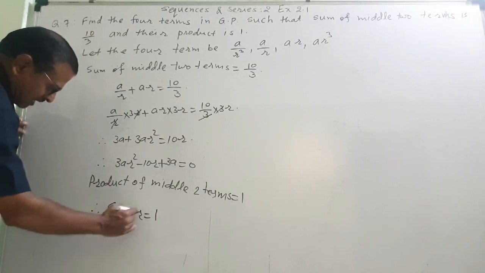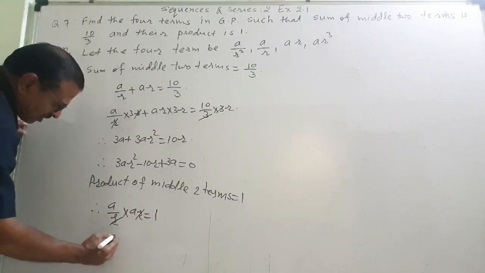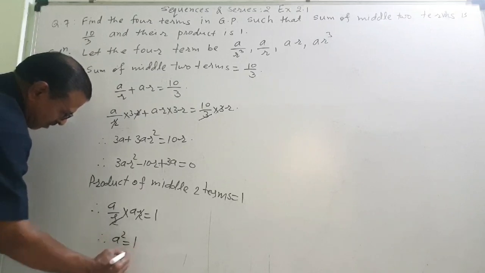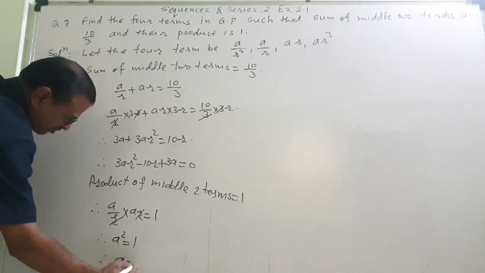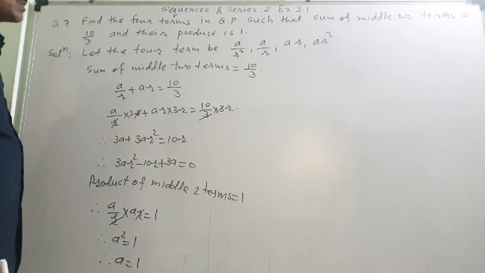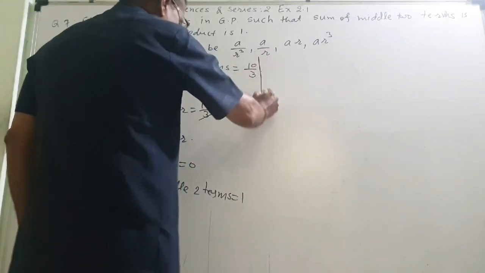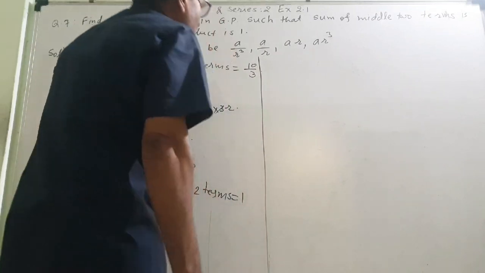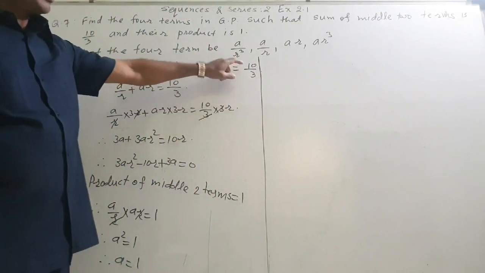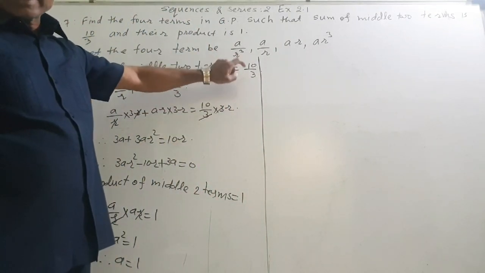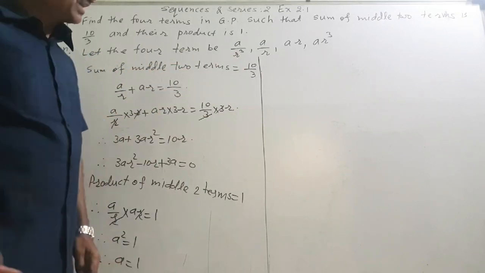Therefore, this r cut. Therefore, a square equal to 1, and therefore a is equal to 1. Why not negative? Because their sum is positive. That's why we are not taking negative.